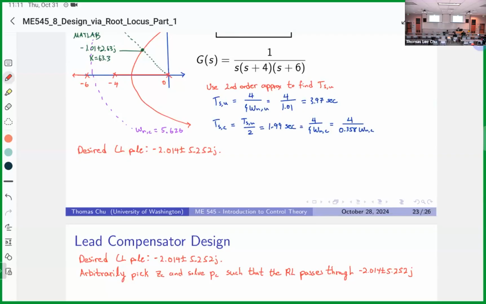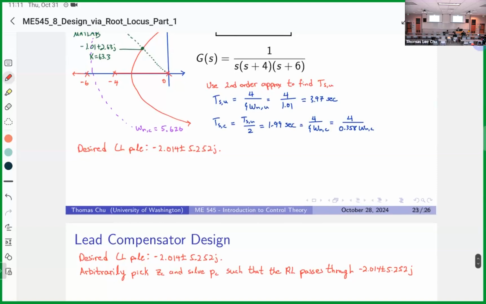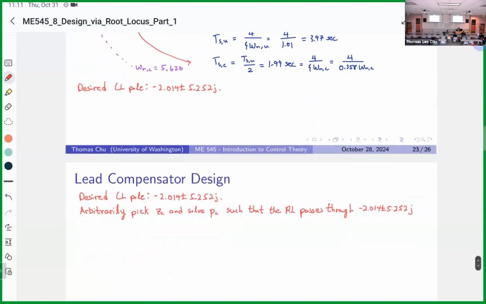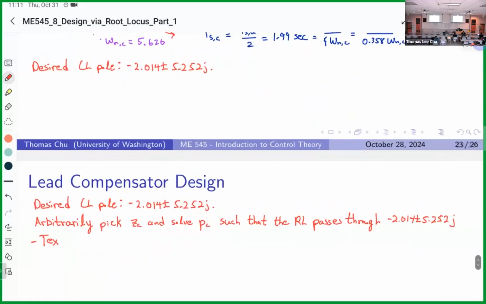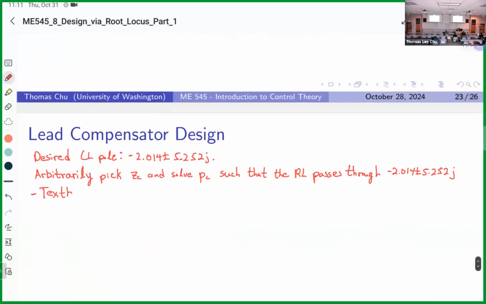You're not being tested on algebra, you're being tested on how to move the root locus. So I'm going to write it down here. It's the textbook's method, not my method, so don't come to me if you ever try to do pole zero cancellation in real life. Textbook likes to use pole zero cancellation.